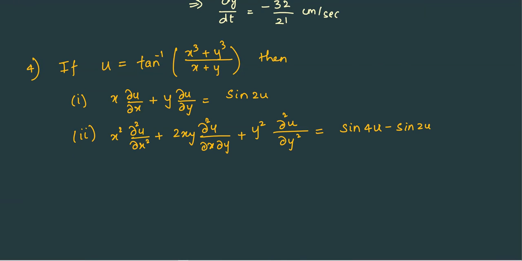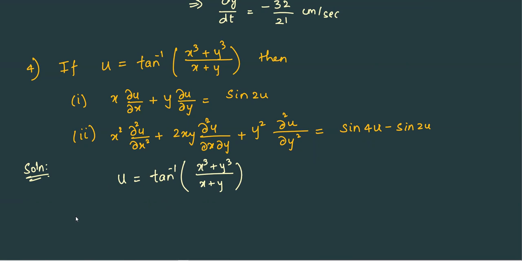Let's say that we can get this kind of a problem in numerical form. For this, look at this expression here. Now, by itself, this is not a homogeneous function, because tan inverse of x cube plus y cube by x plus y is not a homogeneous function.